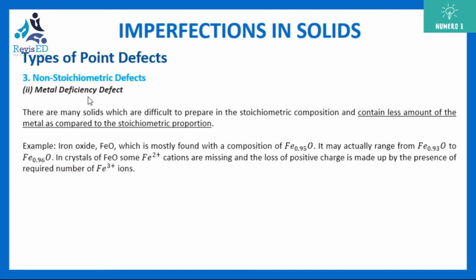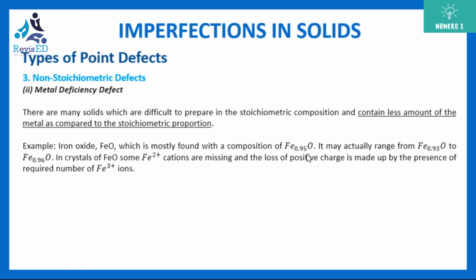Next is metal deficiency defect. Now, how can metal be present in deficiency? For example, consider the case of FeO. In FeO, the oxidation state of Fe is +2 and oxygen is -2. Let's say some of the Fe2+ are replaced by Fe3+. In order to maintain neutrality, less iron is required as compared to oxygen.